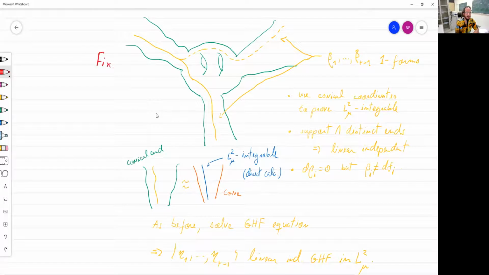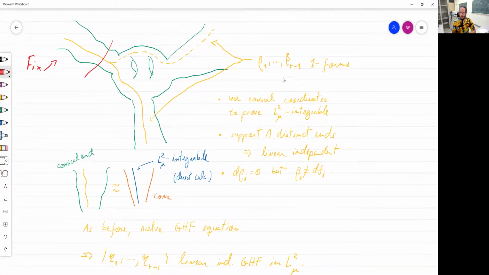Now for the ends, the idea is you fix one of the ends, and then you take, for example, these two curves. Say you have three ends. You take one curve coming to this end, and another curve going to the other end, but they coincide here. They split at some point. So you have these curves, and you construct the one forms in the same way as for the other ones.